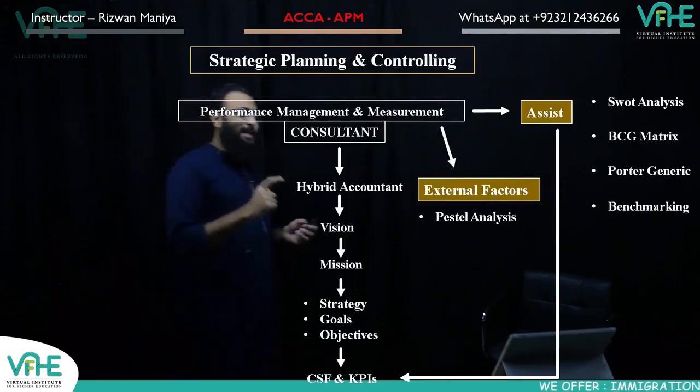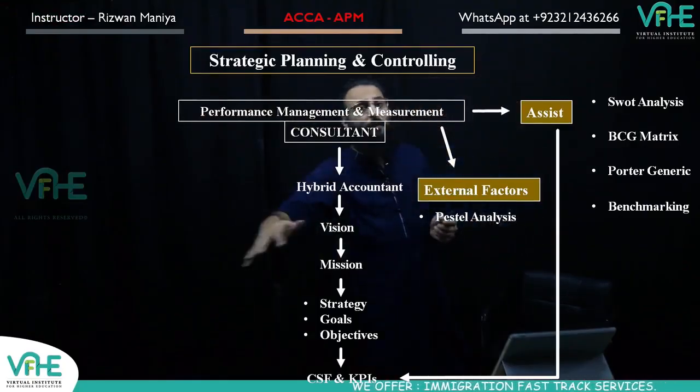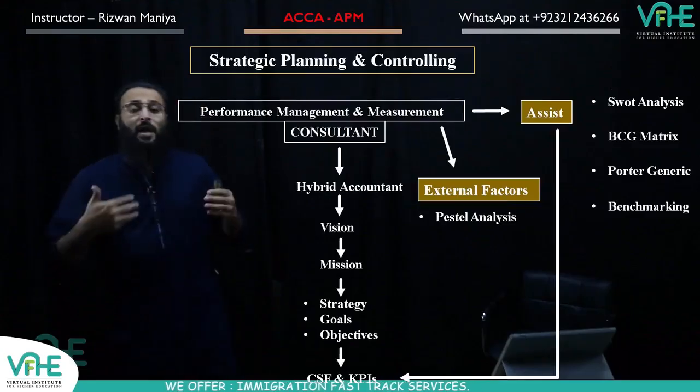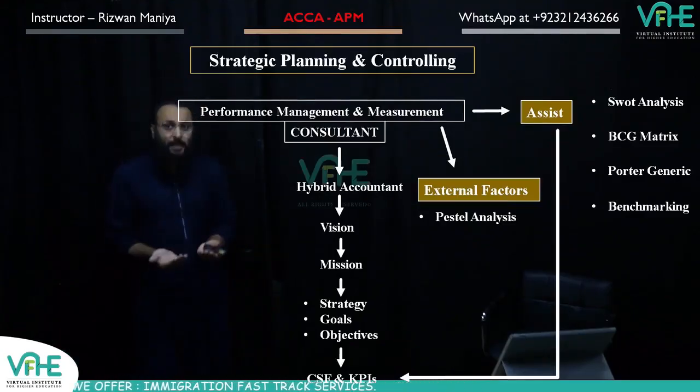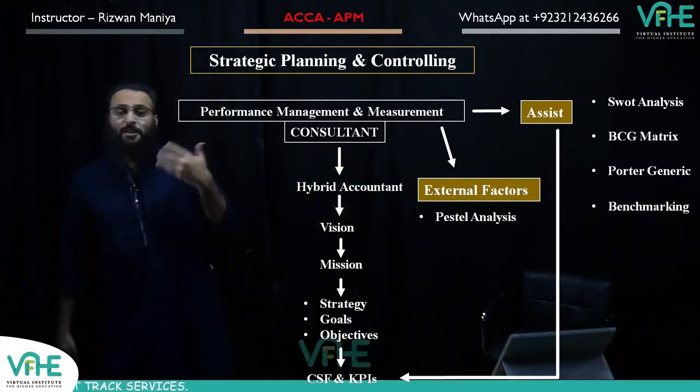Then you go towards the technological factors, where you look at the technological general awareness there, how competitive the environment is in terms of technology, how much technological change is needed, and you set up your performance measurement system according to that.